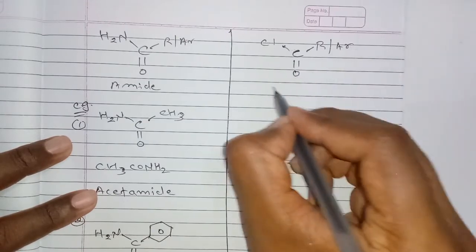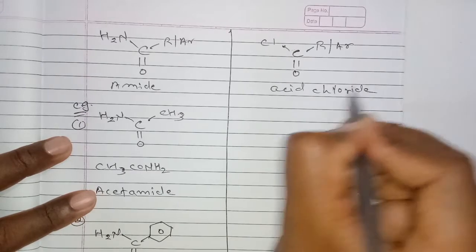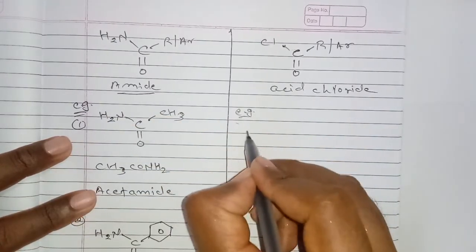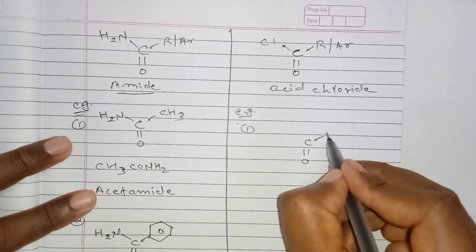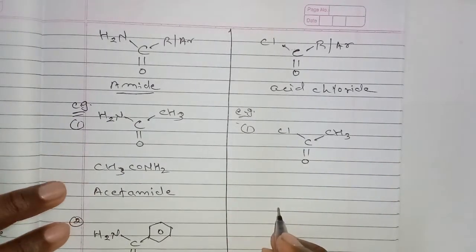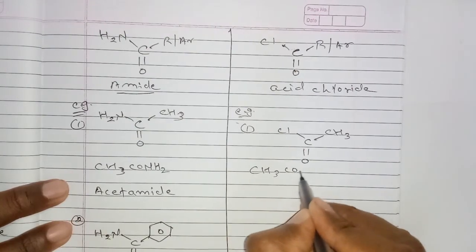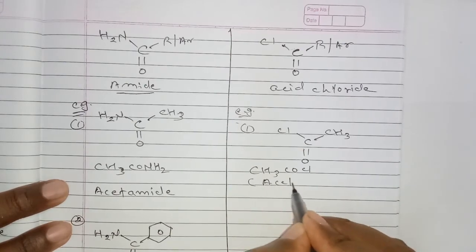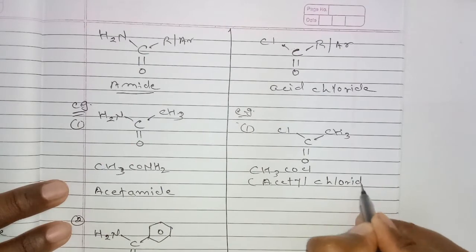For example, number 1, the carbonyl group of the carbon is bonded with a methyl group and Cl, CH3COCl, and its name will be acetyl chloride.